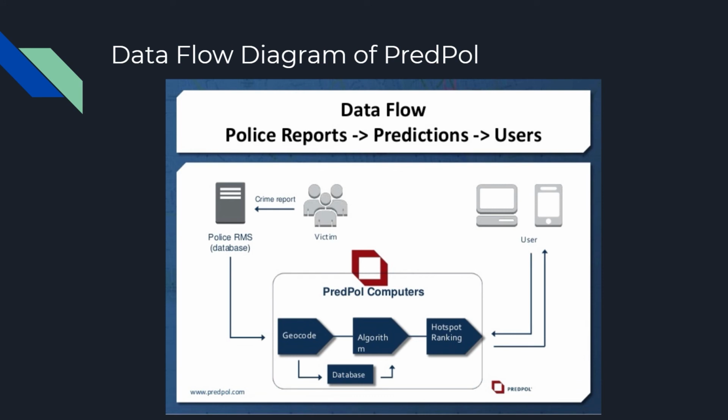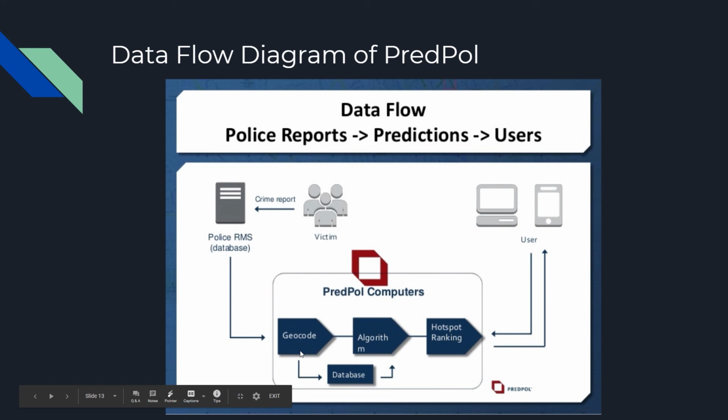As we would expect, the data starts from the victim itself. The victim goes and reports the crime to the police. Once the police have taken the report from the victim, they upload the crime report into the PredPol software using the UI that I just described.